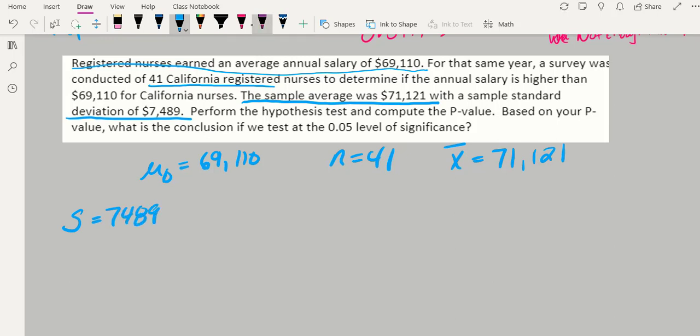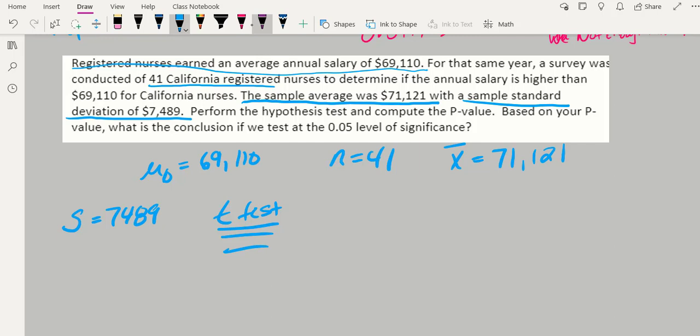Now, since I have only a sample standard deviation, not a population standard deviation, that means we are going to do a t-test statistic, right? Remember, you do a t-test when you have the sample standard deviation and not the population standard deviation. So how must we plug in all of our information?